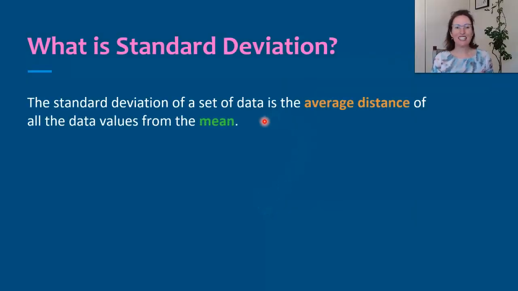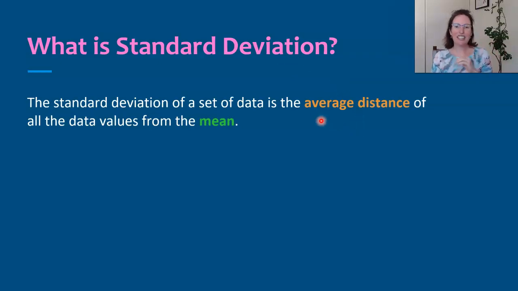So starting to think about those words, standard deviation, what could that be meaning here? For a set of data, it's the average distance of all the data values from the mean. So standard means sort of a standard amount, if you like. Deviation, how have you heard that word before? To deviate means that you break away from something else that's happening. If you deviate from the norm, you might be different to what the majority of people do.